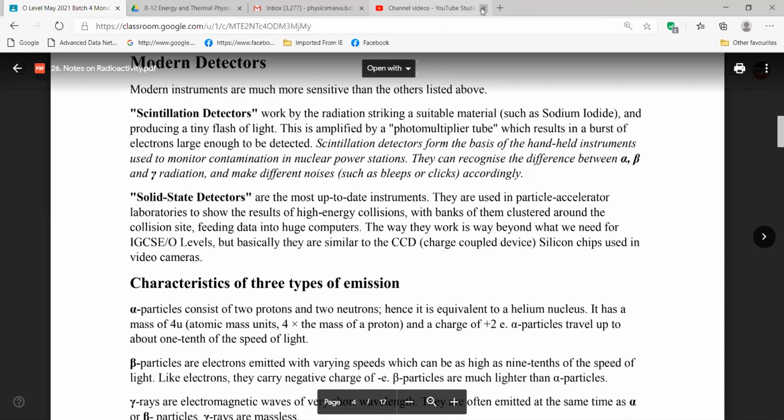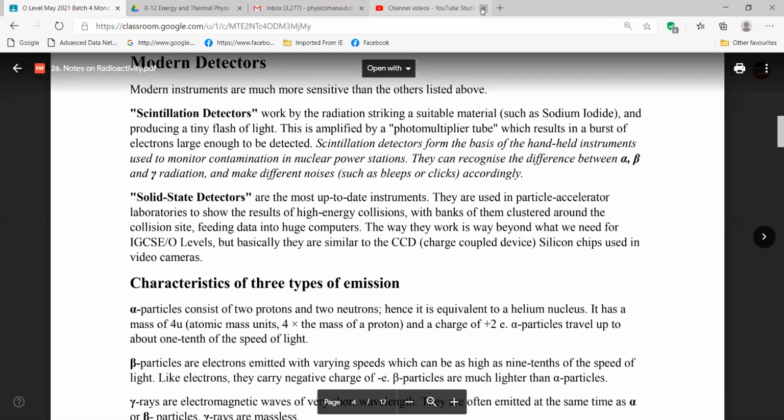So I didn't understand a word. Okay, so this one is solid state detectors, which is used for larger scale, in power stations. It is used for big projects where nuclear reactions are going on. This one also uses computers, huge computers, for detecting and feeding the data.